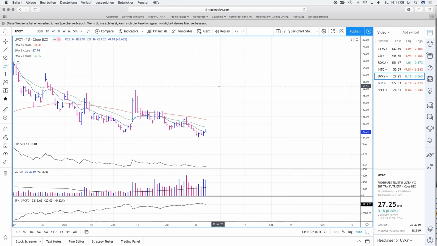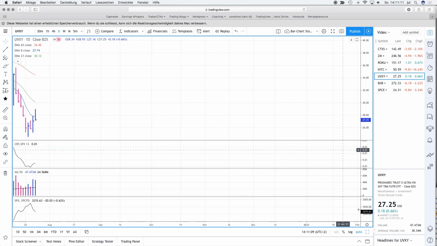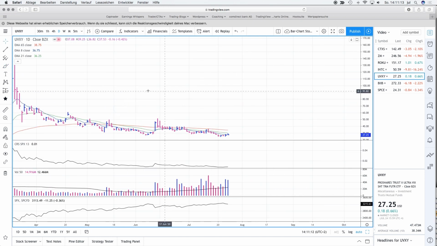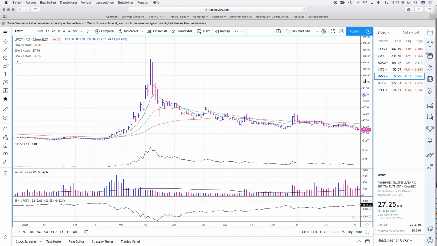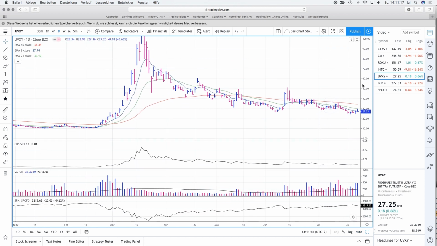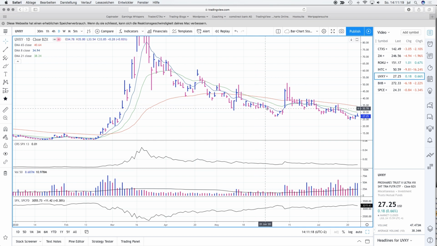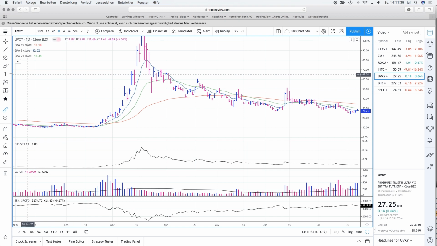And what I mean with that, shorting volatility, is it is very difficult to short volatility because you get stopped out on one day. And you can see it here. So if you maybe short volatility here and you follow the trend, you will get stopped out here on one day. And this repeats often.